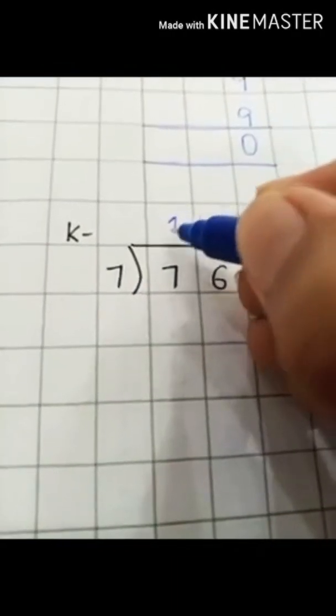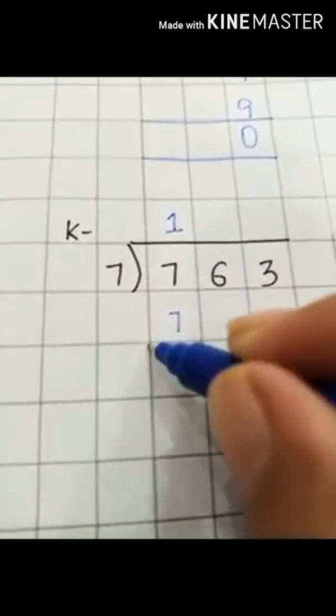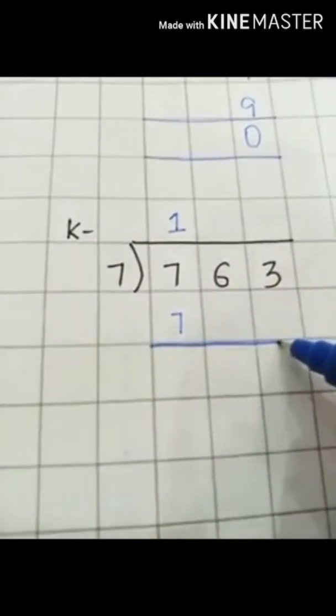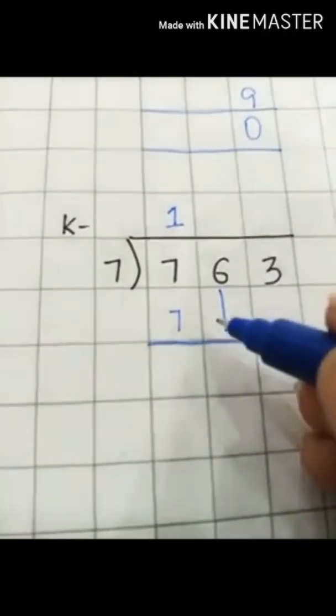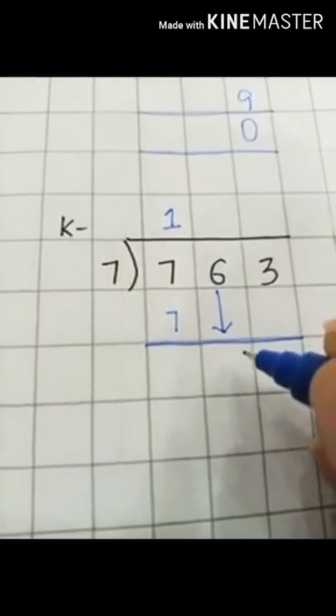So students, 7 1s are 7 here. In the next step, 7 minus 7 is 0. So bring this 6 down here. Now look at this students, this 6 is again smaller than my divisor. How can I divide it further?